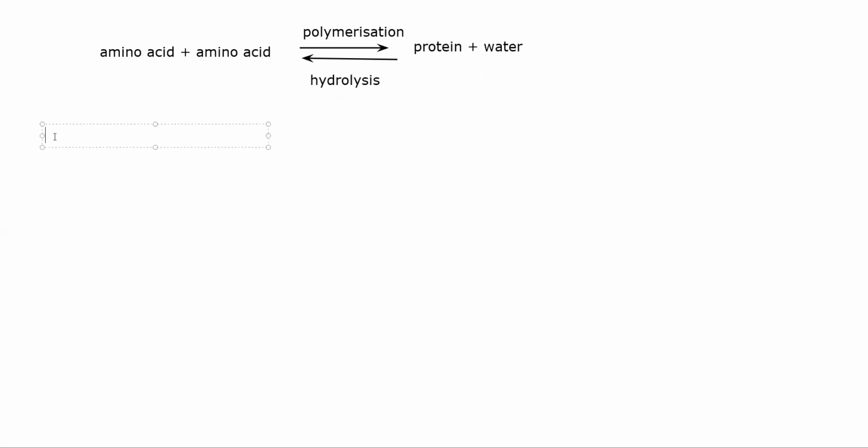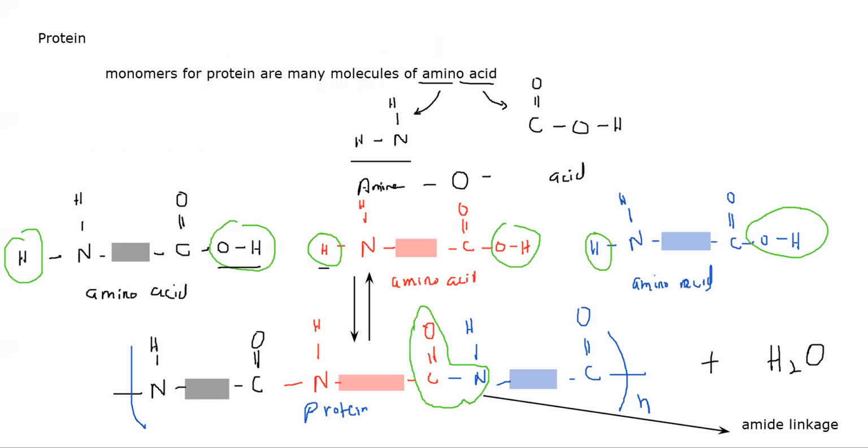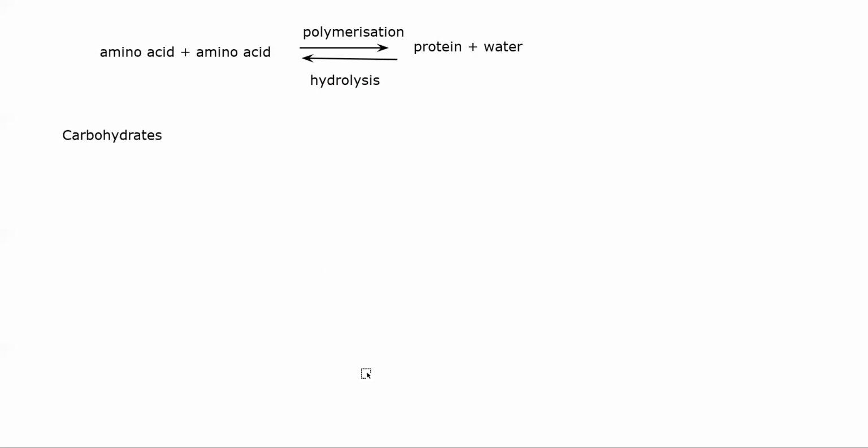The second condensation polymer is carbohydrates. Formation of the carbohydrate. So what are the monomers? The monomers here for carbohydrate are many molecules of diol. So monomers for carbohydrates.